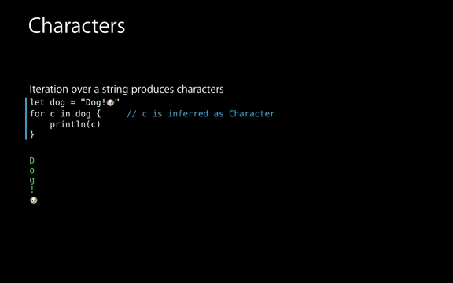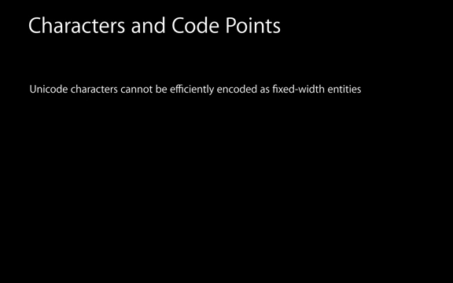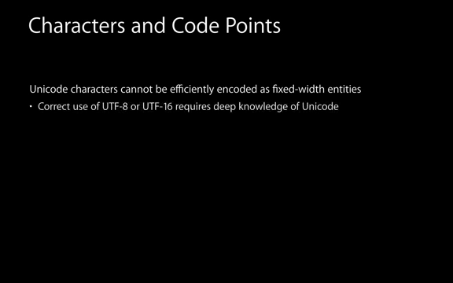Now one of the challenges with dealing with Unicode characters is you really can't encode them efficiently in a way that treats a string as just an array of characters. It'd be too large. And so what you generally see is that a string is encoded as, say, UTF-8 or UTF-16. But working with those UTF-8 or UTF-16 code points requires Unicode expertise to get right all the time.